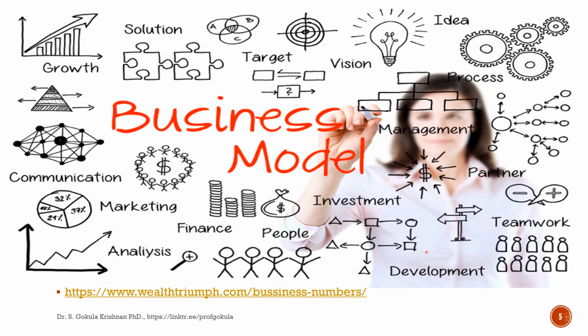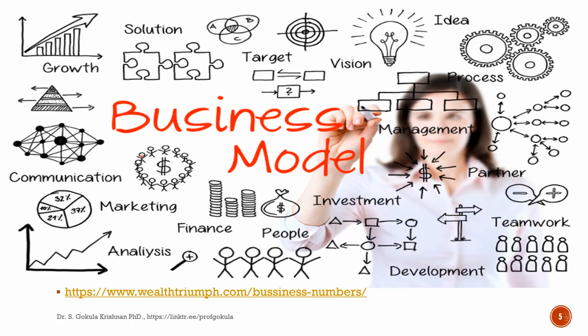The business model has communication, marketing channels, analysis, finance, people, investment, development, teamwork, partners, management, vision, and idea. From the idea, the vision will be incorporated, then the management will be created, and partners will be added. You will raise your funds, and with people, finance, marketing and communication, finally you will achieve the target of your company. That is growth.